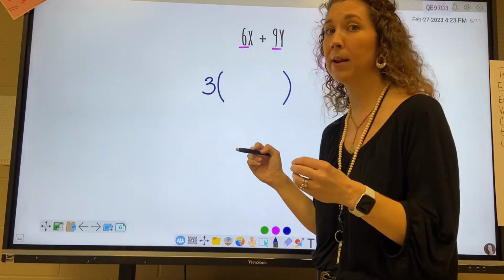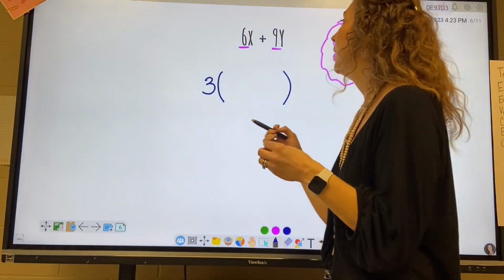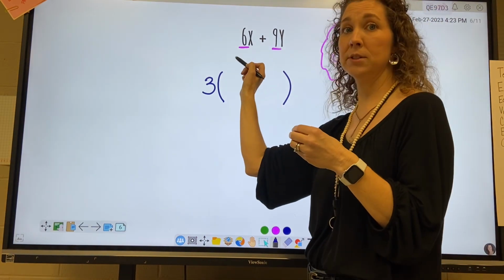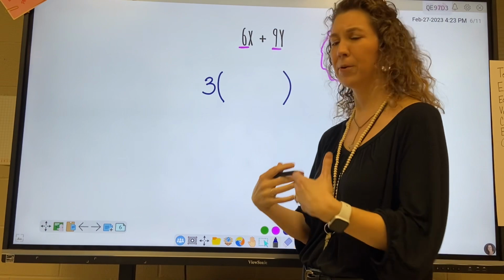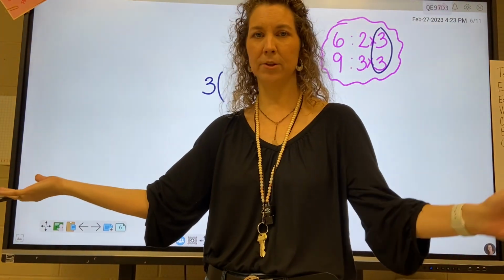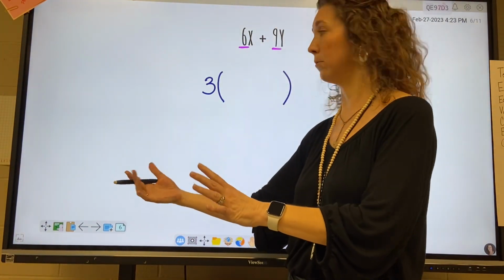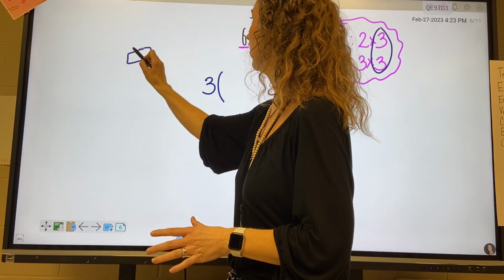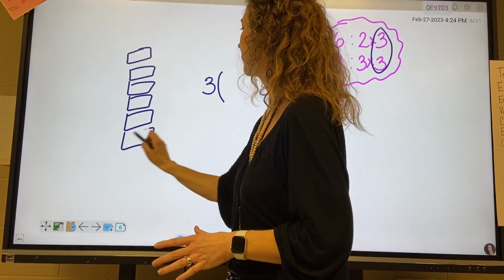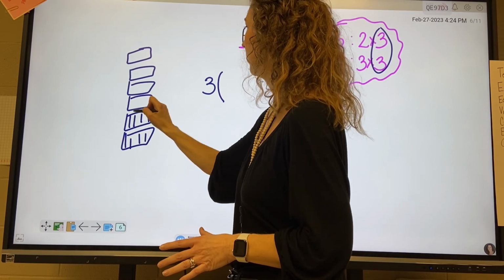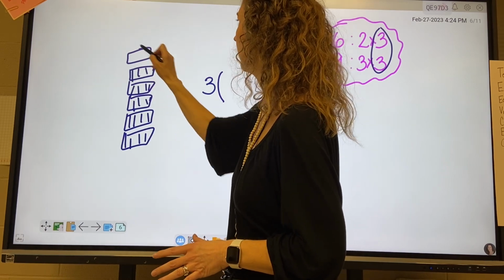Okay, now think about it. I need you to think about it. If I have 6 xylophones, and I'm going to make 3 groups, spread them out between the kids, okay? Have 6 xylophones. So 1, 2, 3, 4, 5, 6. Those are xylophones, by the way. Put the little notes on them. There we go.